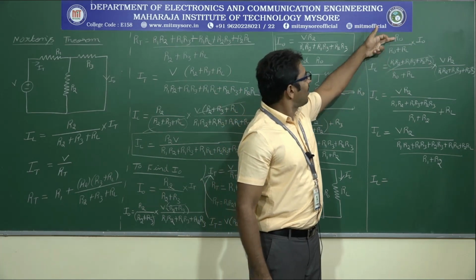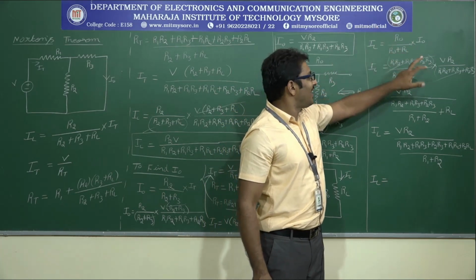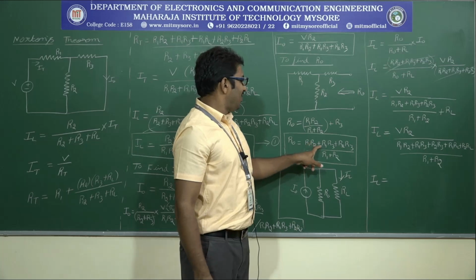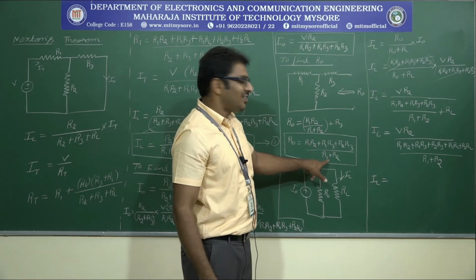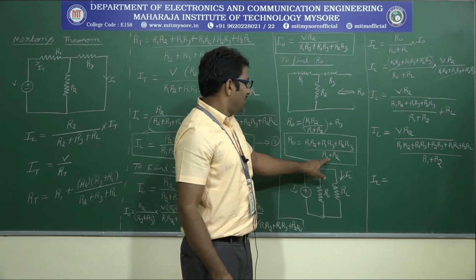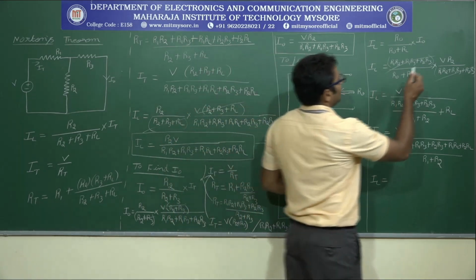IL is equal to R0 divided by R0 plus RL. What is R0? R1 R2 plus R1 R3 plus R2 R3 divided by R1 plus R2. Forgot to write this denominator part. What is that? R1 plus R2.